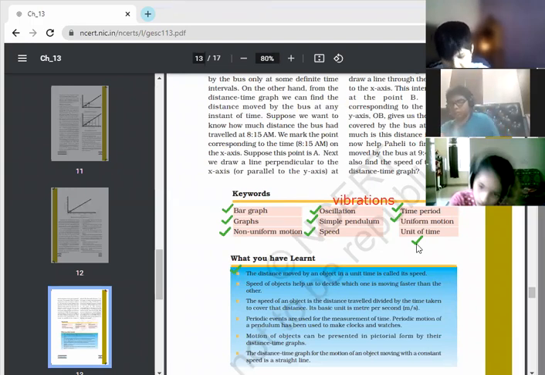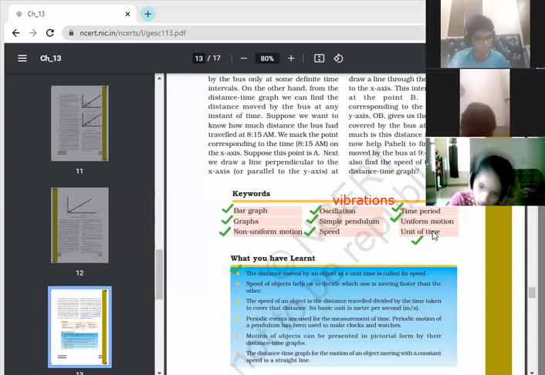Next, we are talking about the unit of time. Unit of time means the way in which time can be represented. And you know, time can be represented either in seconds, minutes, or hours. So kindly write down the way in which the time is measured.